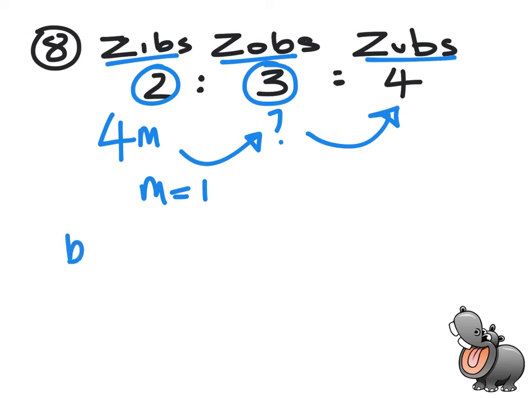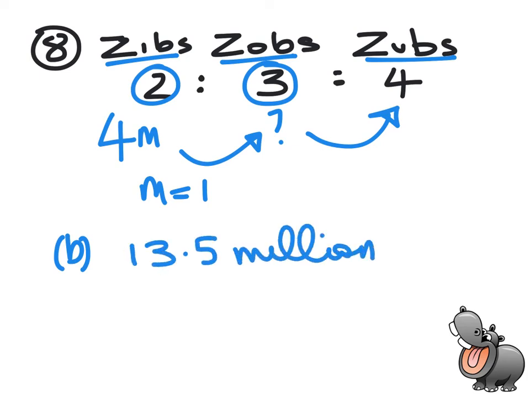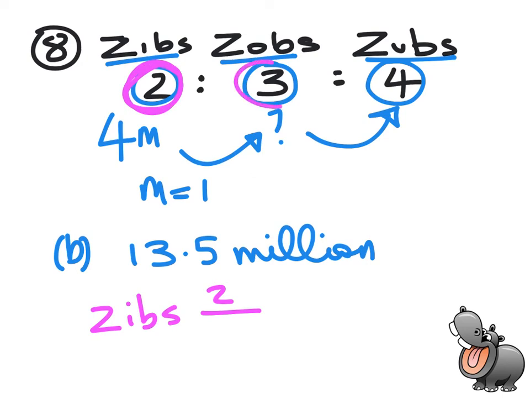For part B of the question, after the intergalactic war, the total population had fallen to 13.5 million. Looking at the ratios up the top here, the fraction of the whole population that were zibs was 2 parts out of, if you take the zibs, the zobs and the zubs together, 2 parts out of 9.